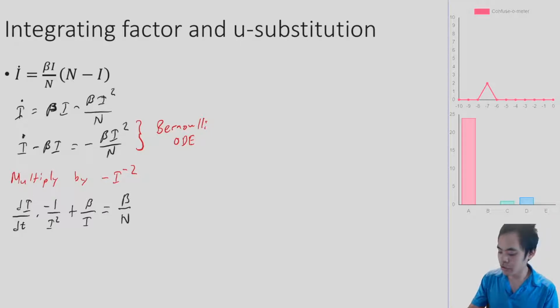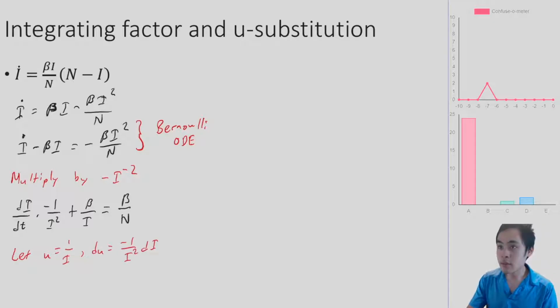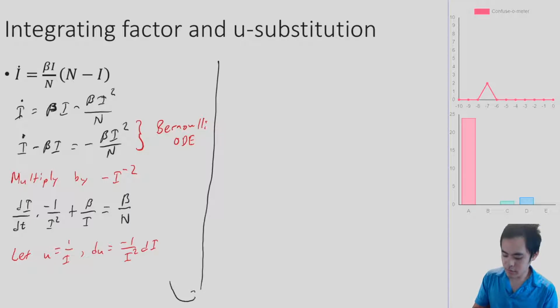Let's do a u substitution. Let u be equal to 1 over I, and du be equal to minus 1 over I squared dI. And then what we get is du dt plus beta u is equal to beta over n.